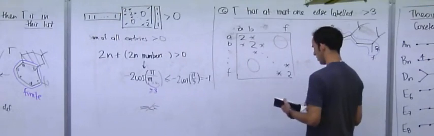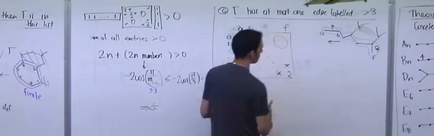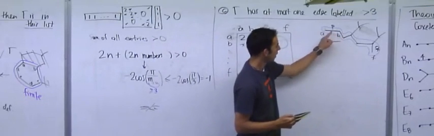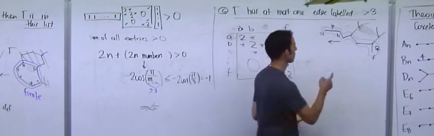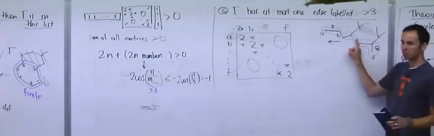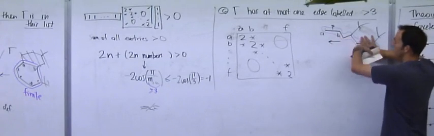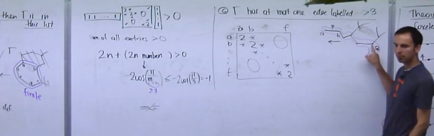Now, let me make a couple of assumptions. If there was a number along this path other than a 3, for example, if here I have an r which is bigger than 3, then I could just have done this for the smaller path. In other words, what I can assume is that all of these guys are labeled 3.